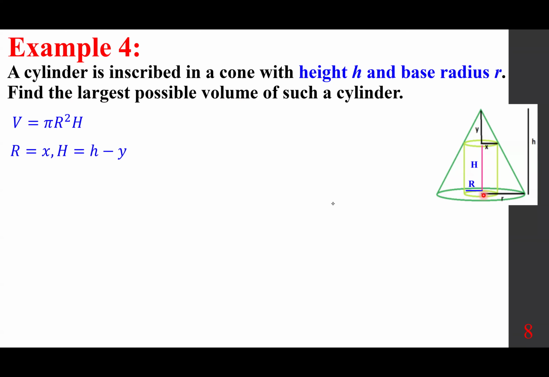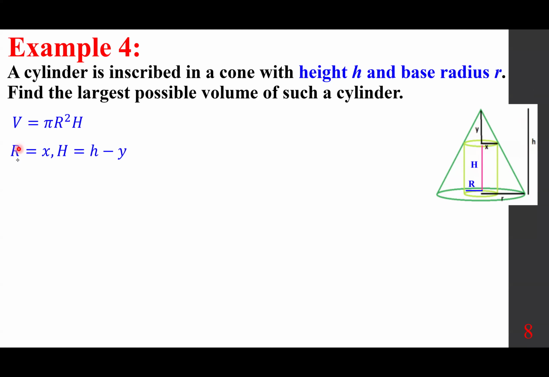R is missing. We can keep it as R or X. We don't know what R is. The height is missing. But what we know about height, again, you can call it just Y, or just say, if this is the H, which is fixed for the cone, and this distance we call it Y, then capital H, the red one, is h minus y.